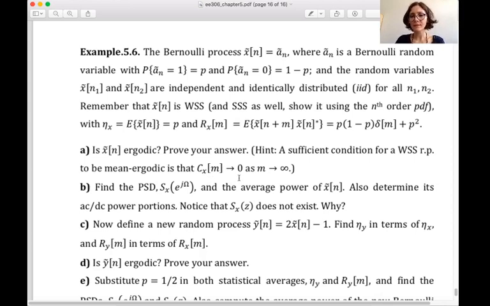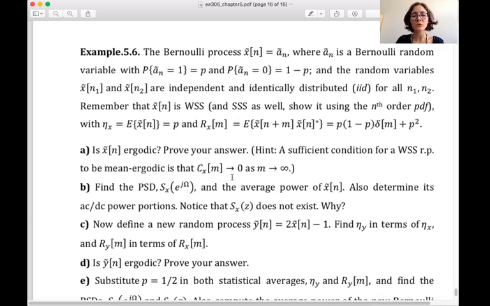So we should read this statement in the correct way. It says the following. You have a random process, you're wondering whether it's ergodic. If somehow you manage to show that the autocovariance function decays to 0 as m increases, then you're fine. You're sure that your process is ergodic. You don't have to look at anything else.